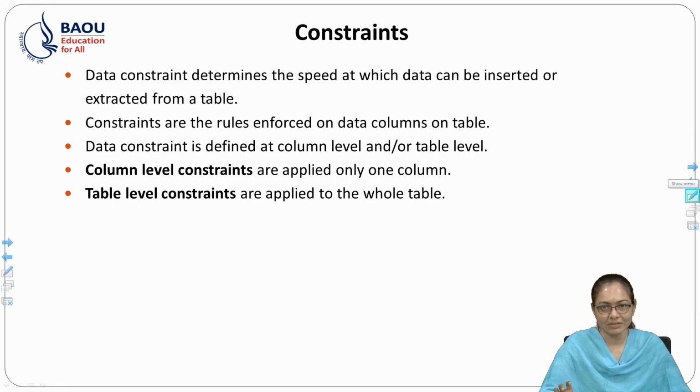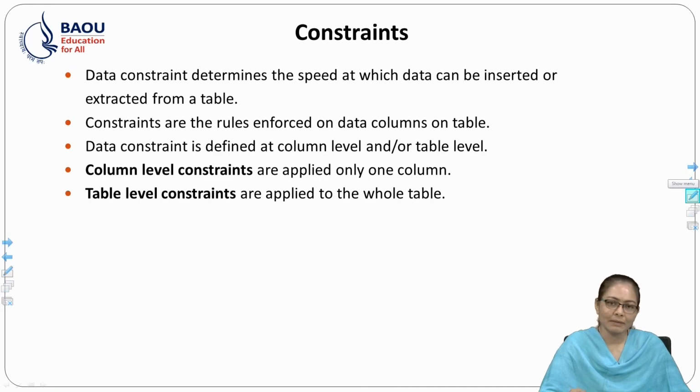The data constraint is defined at a column level and/or a table level. The column level constraints are applied only to one column at the time the column is declared, whereas the table level constraints are applied to the whole table and are applied at the end of the table.